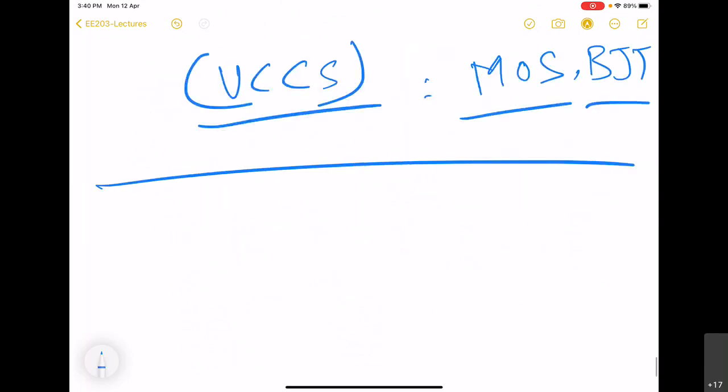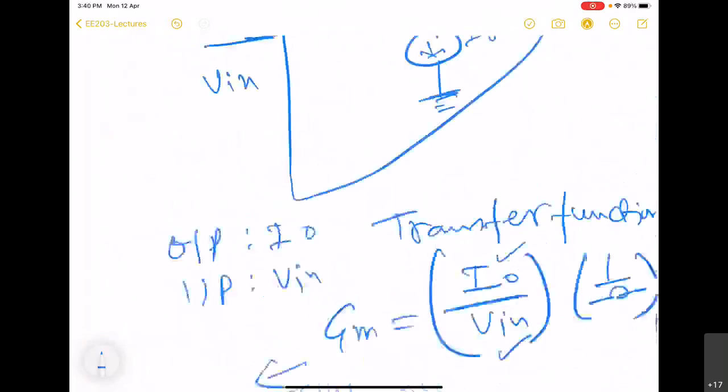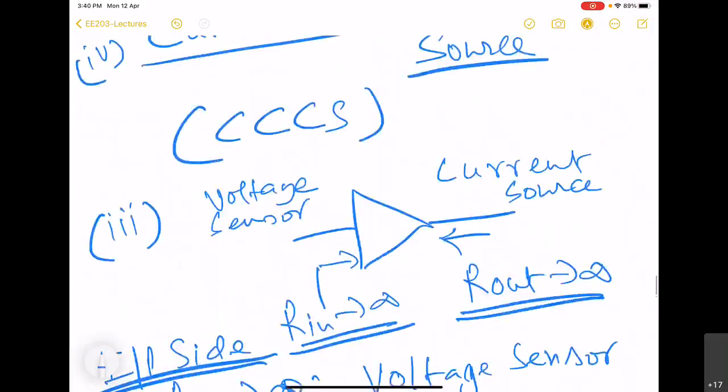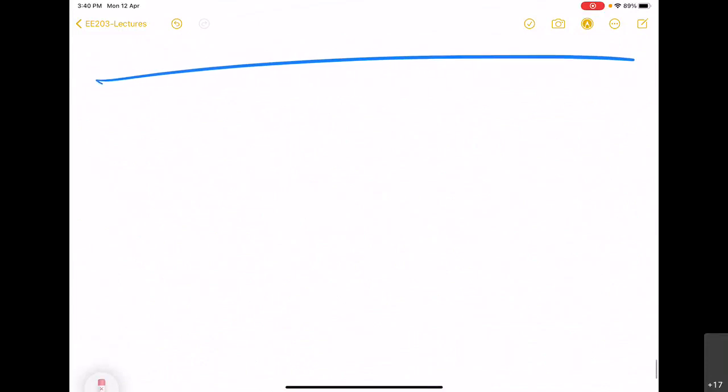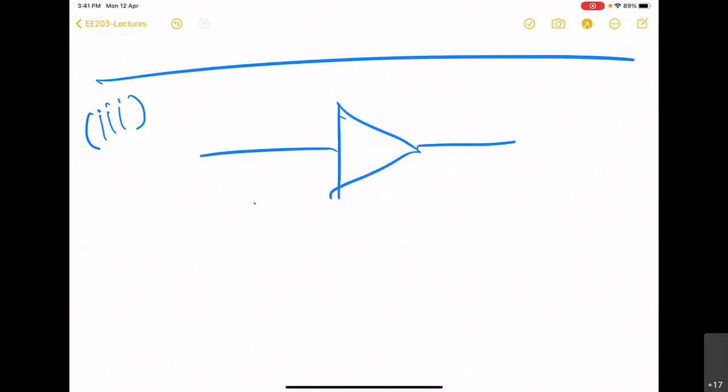Now if you see the last type, which will be the third amplifier that we listed, what we will have here is Rin is 0 and Rout is also 0.